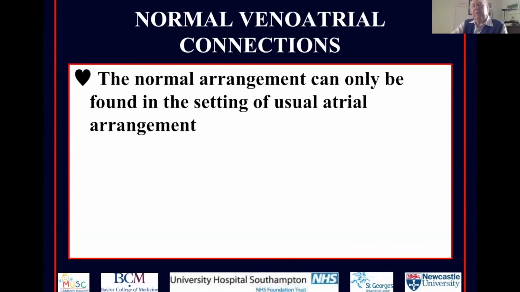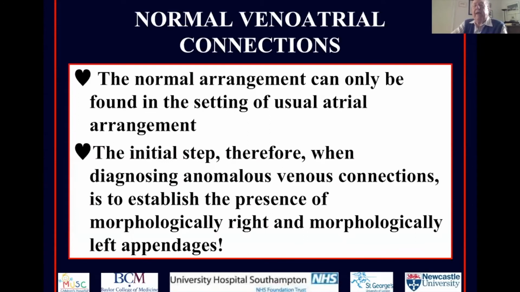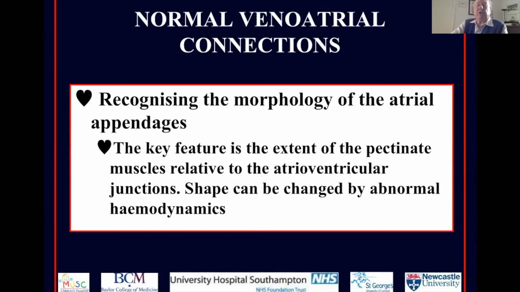It's also important for you to appreciate that this normal arrangement can only be seen when we have usual atrial arrangement. So when you begin to consider abnormal veno-atrial connections, the first thing you have to do is to ensure normality, and that means establishing that there is usual atrial arrangement.